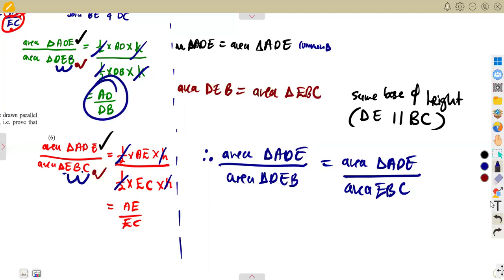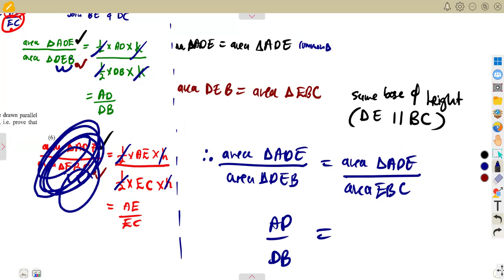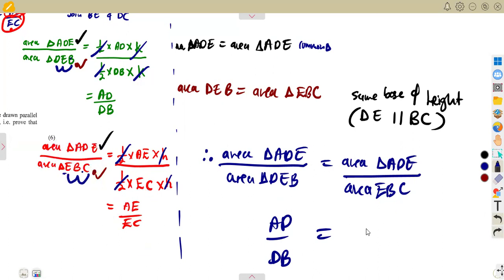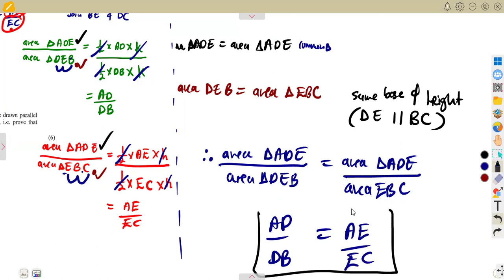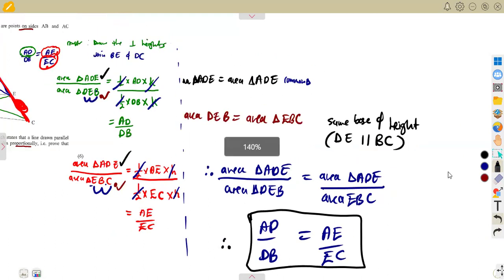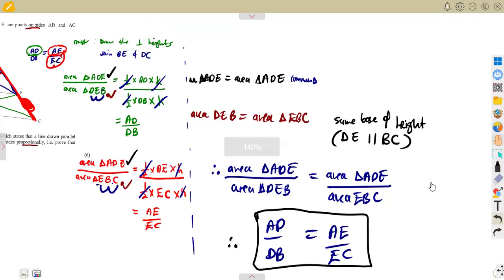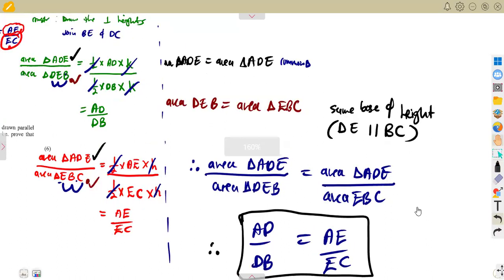It gave us this ratio of AD over DB is equal to this one. What did we get from this? We got this ratio of AE over EC. So that is AE over EC at the end. That is our final say. At the end, we can conclude these two are truly equal.